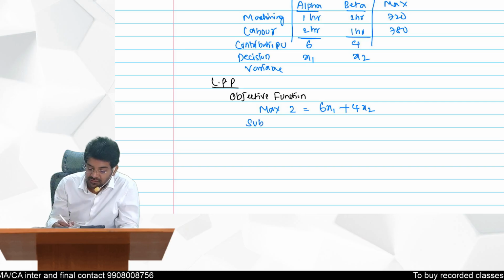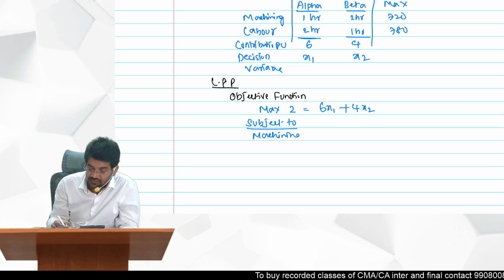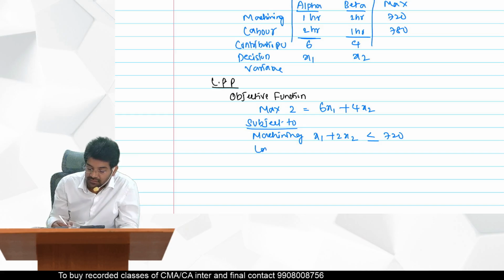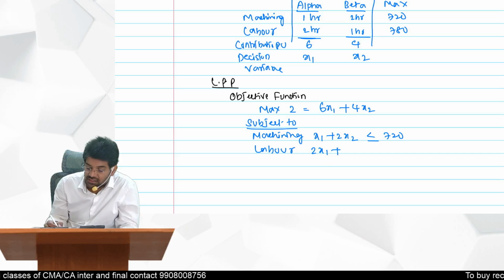Subject to, first one, machining: x1 plus 2x2 must be less than or equal to 720. Then labor: 2x1 plus 1x2 less than or equal to 780.